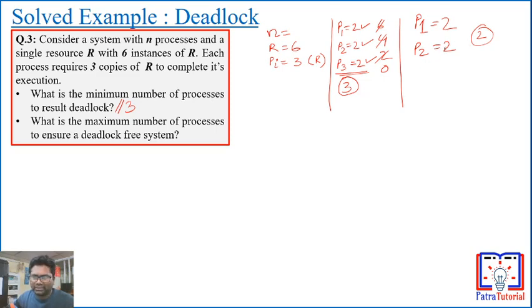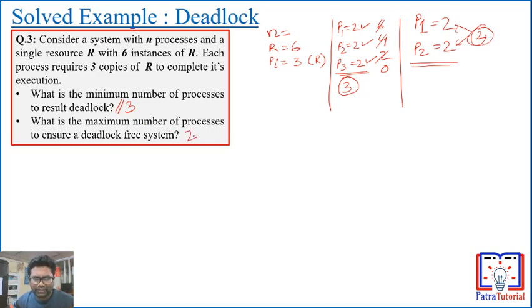But if I take only 2 processes, I have 2 more instances, so I can allocate one to a process, and it will complete execution, then release everything, and then it can be allocated to the other one. So the maximum number of processes to ensure a deadlock free system is what?